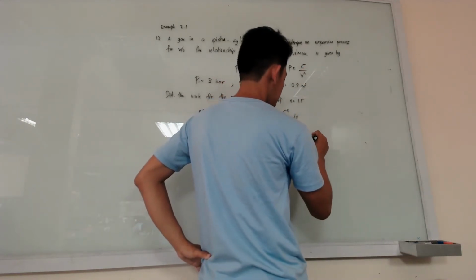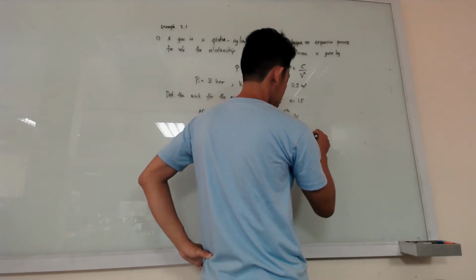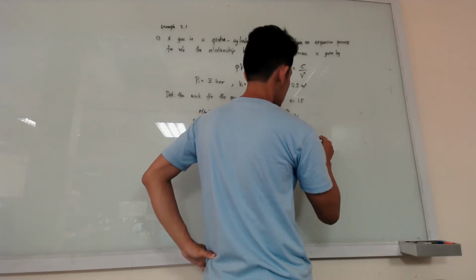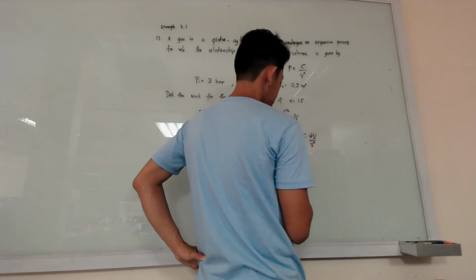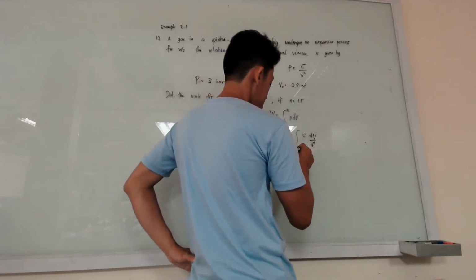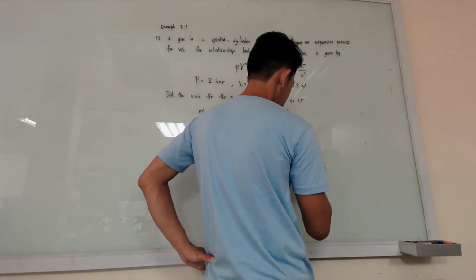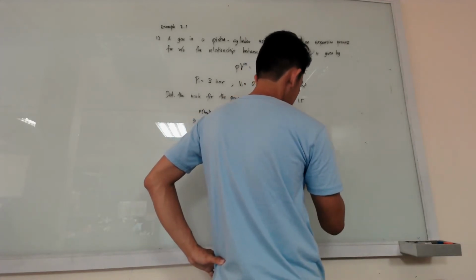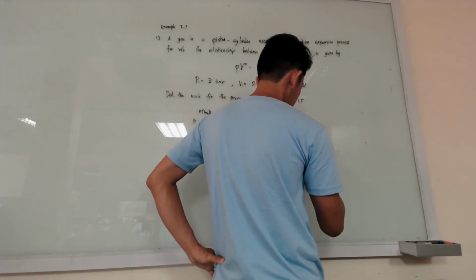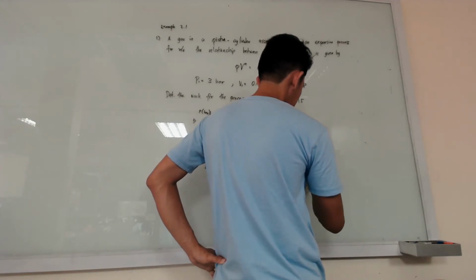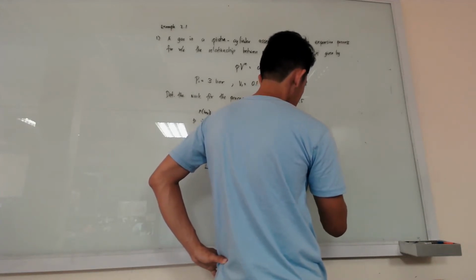So you have the integral of C dV over V to the n, or this is just C times V to the negative n dV.